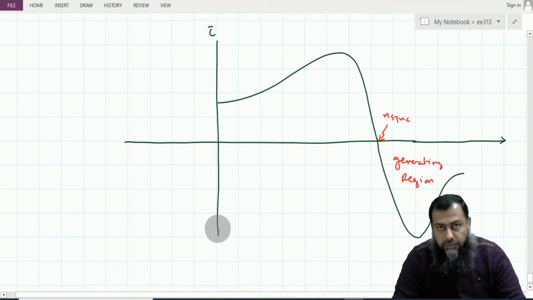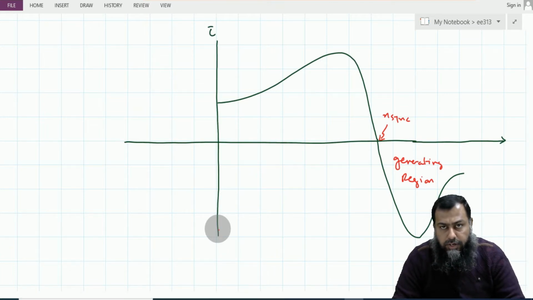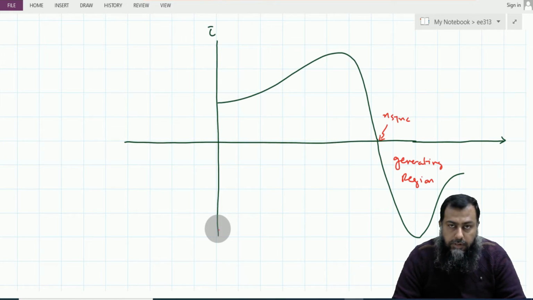So you see that if the rotor moves at a speed more than the synchronous speed, then the direction of the torque reverses and the induction motor becomes a generator.